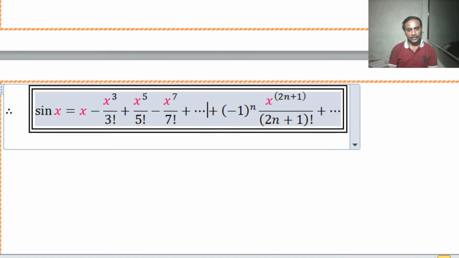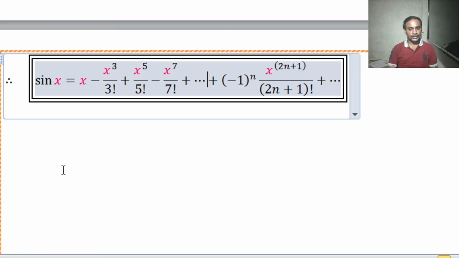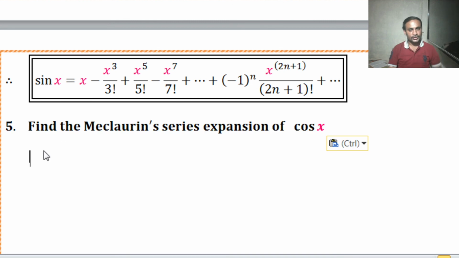Now similarly, you can solve this question: find the Maclaurin series expansion of cos x.